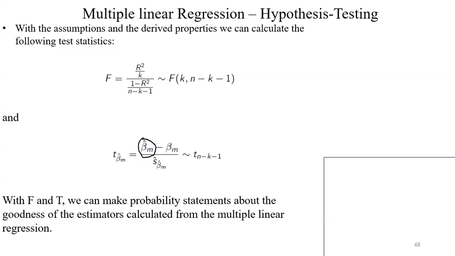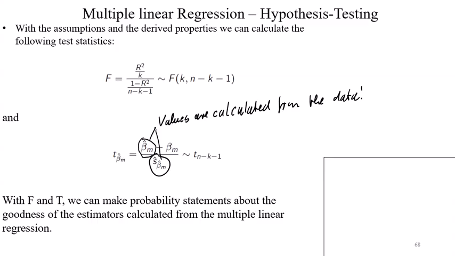Remember, sigma hat times the square root of the diagonal elements of the inverse of X transpose X. So these two values are calculated from the data.